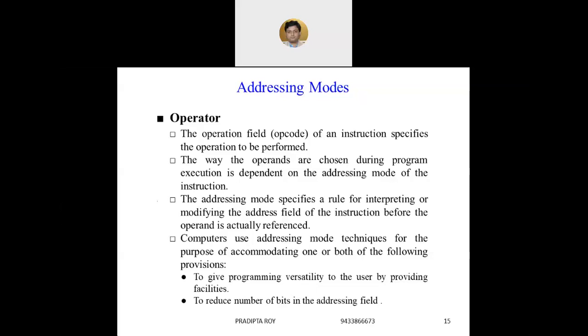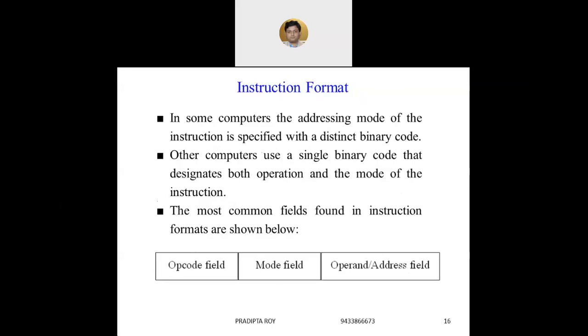The way the operands are chosen during program execution depends on the addressing mode. The addressing mode specifies the rule for interpreting or modifying the address field of the instruction before the operand is actually referred.